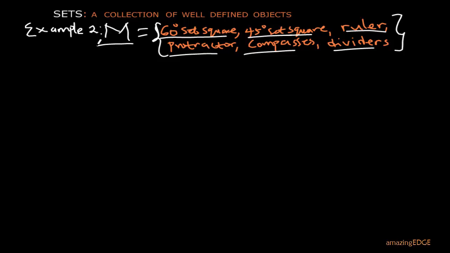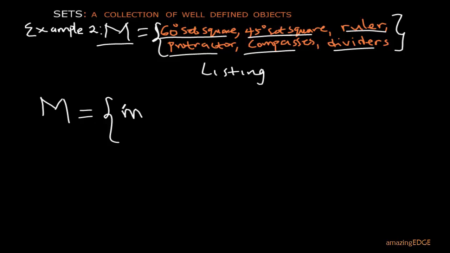So we have used the method of listing to describe this set. Immediately I mention 60 degrees set square, 45 degrees set square, the student knows that we are talking about a mathematical set. Then I can use set builder notation. Supposing I don't want to list the members of this set, I can simply say M equals mathematical instruments, so somebody can immediately say this is a mathematical instrument.